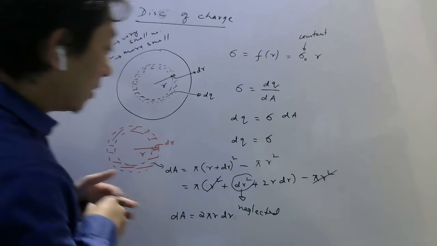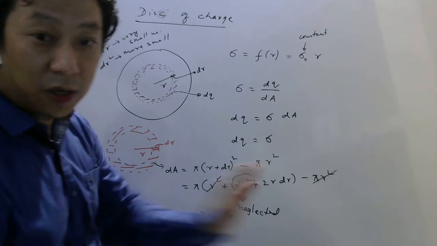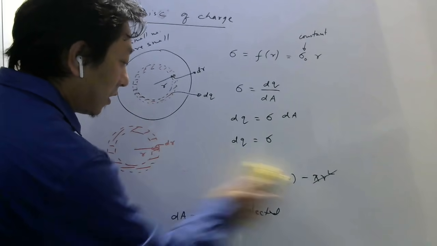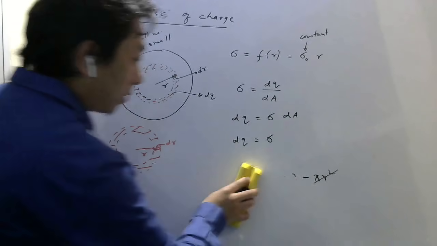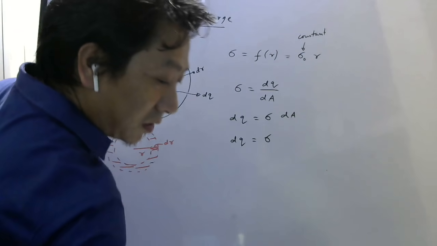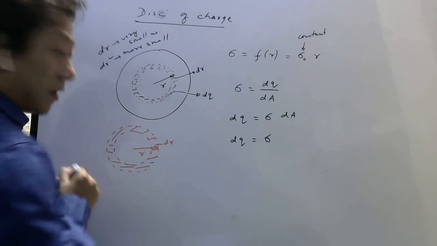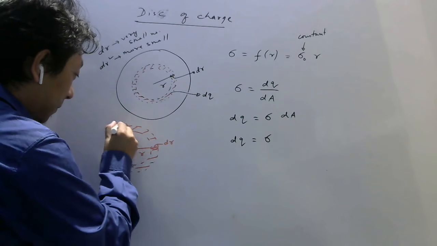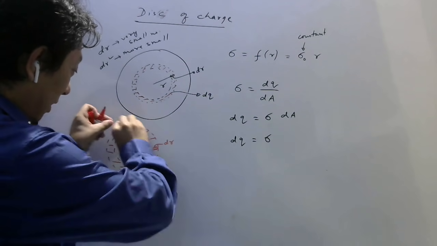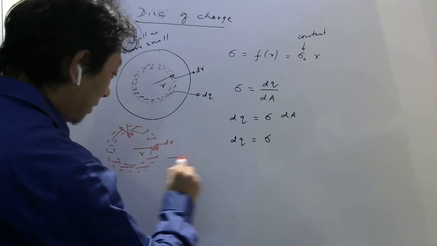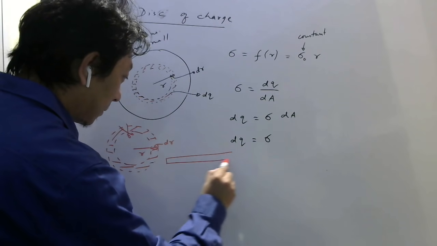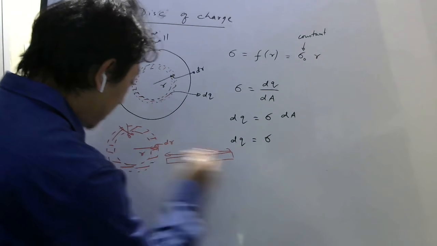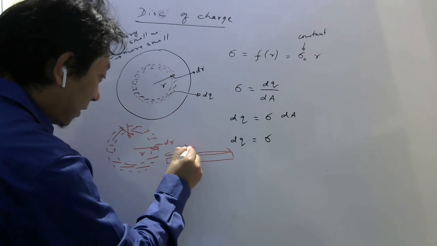Okay. Now, there is no need to do such a long calculation. There is a very smart way of finding this area. If you want to do it this way, no problem. But there is an easy way to find this area. The idea is you cut this part. If you cut here with a scissor, let's say, and then you open it, it will become like this, right? And this length will be the circumference, which is 2 pi r.